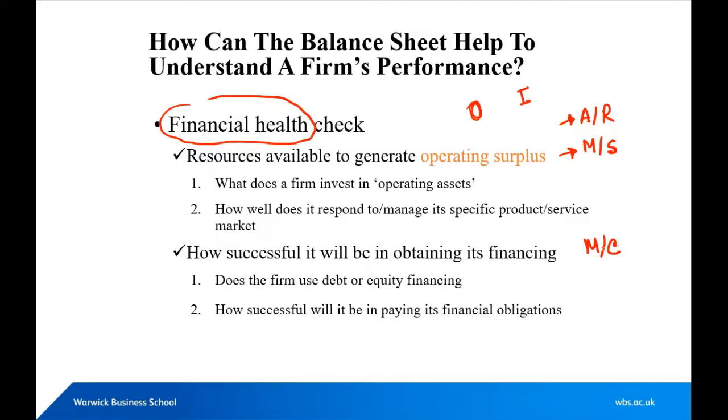So if that company generates more cash flows from their investment in marketable securities and less cash flows from selling their goods on credit or selling their goods to the customers, is it good for you?